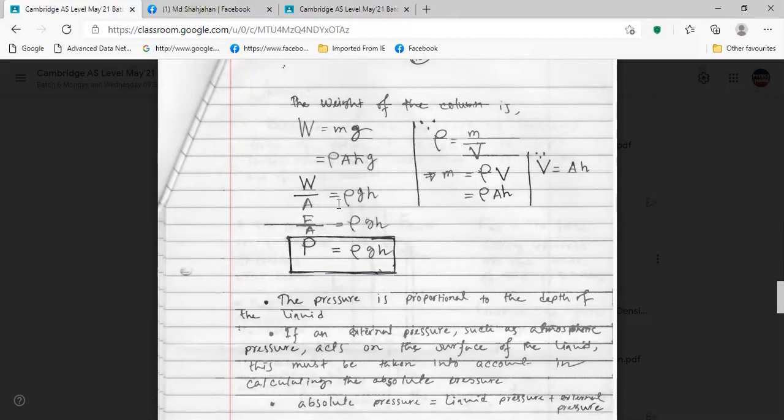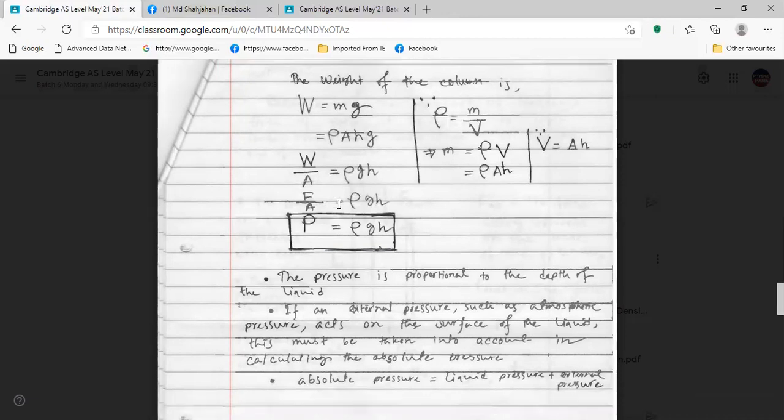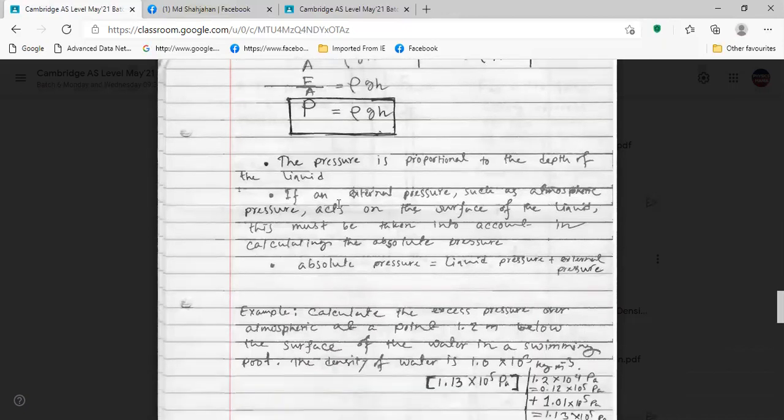Now from this relationship, we got three findings or three outcomes. Number one is the pressure is proportional to the depth of the liquid. For a certain liquid, the density is same, gravitational field strength is same. So the pressure varies with height or depth. So write this point, bullet point.